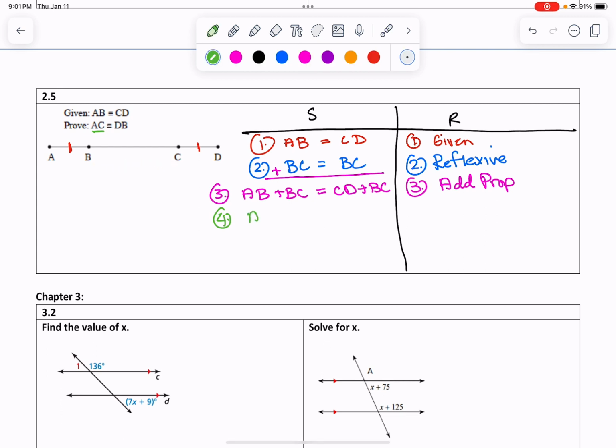So AC is made up of his two parts, AB plus BC, which I see in step number 3. I'm going to do the same thing about DB here. It's made up of his two parts, CD and BC. And anytime I want to say the two parts of the segment add up to the whole thing, that's the segment addition postulate.